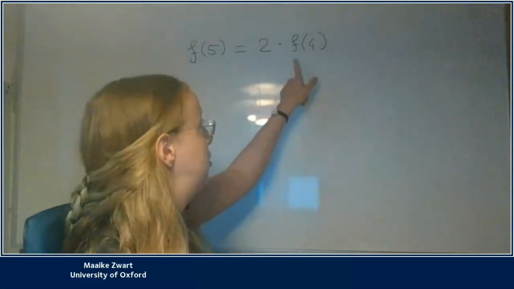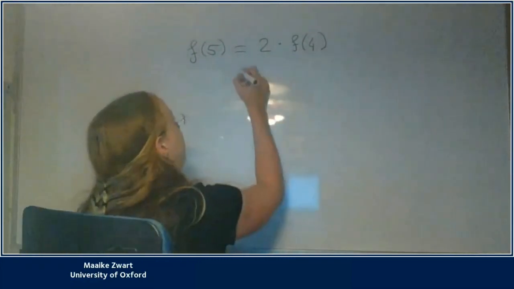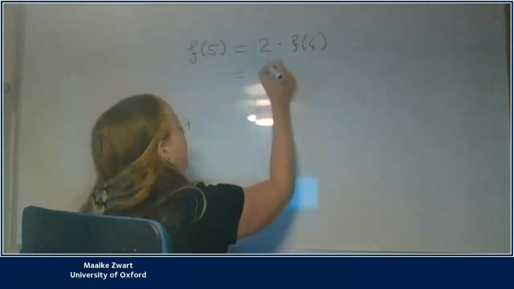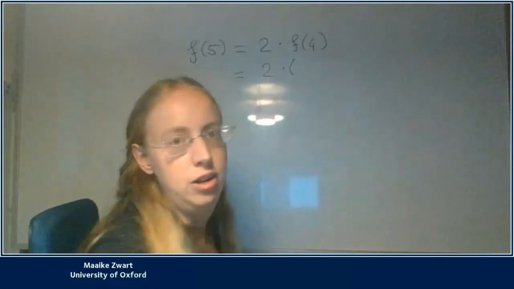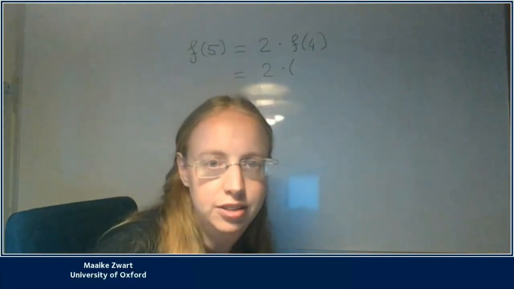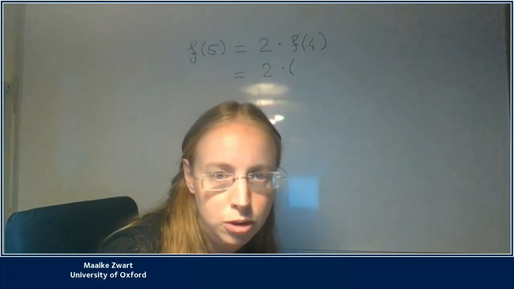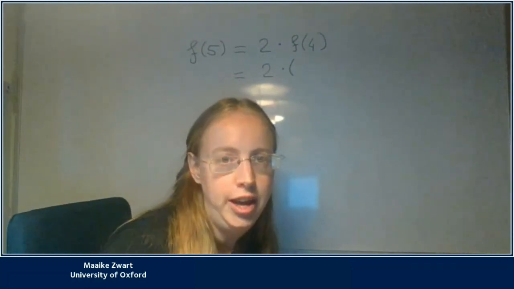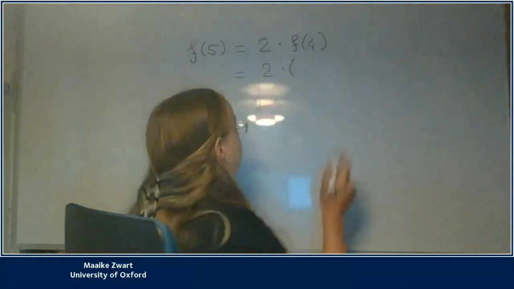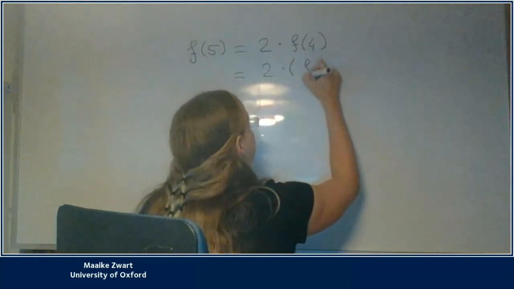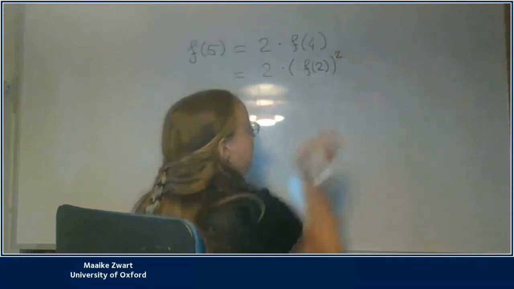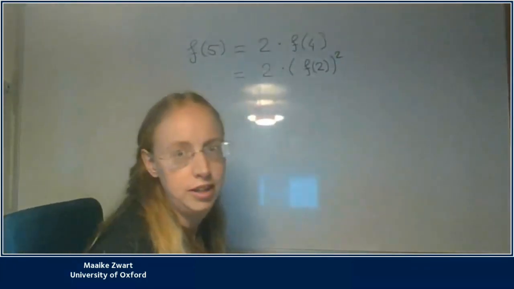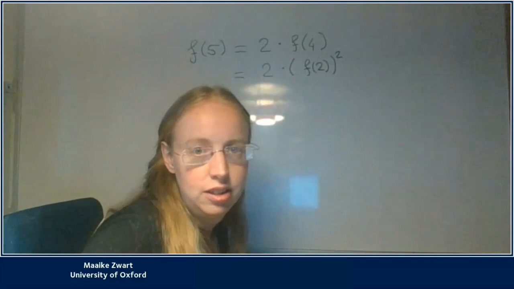And then we just continue writing it out. Now we want to know what f of 4 is. Well, 4 is even, so f of 4 will be f of n divided by 2. So that will be f of 2 squared. That's what the equation says.